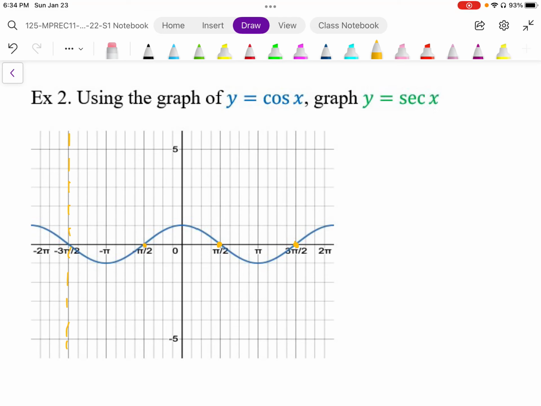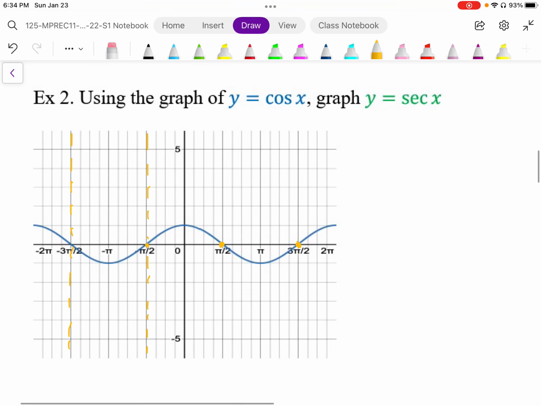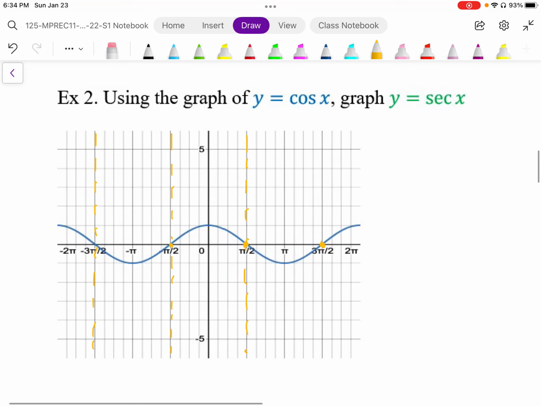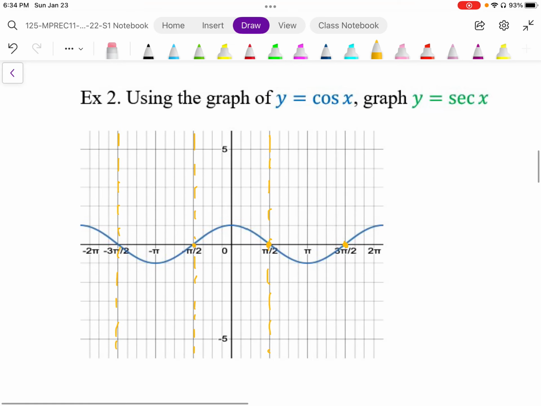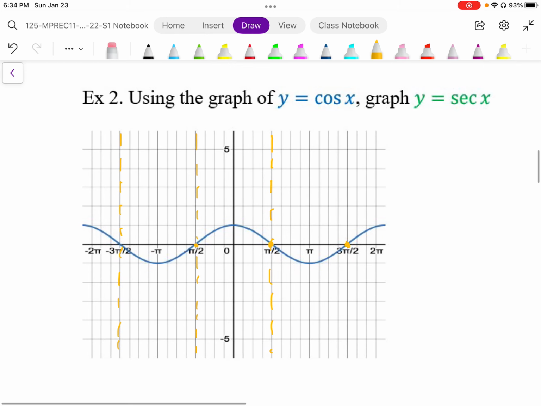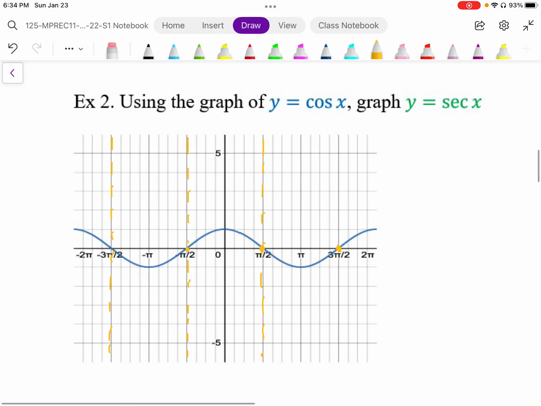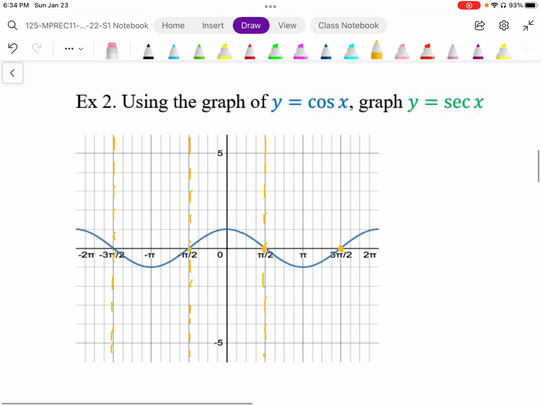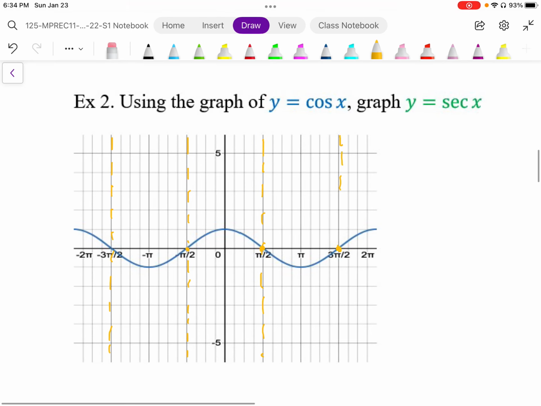We take the reciprocal of 0, we get these undefined asymptotes. Okay, so there it is.